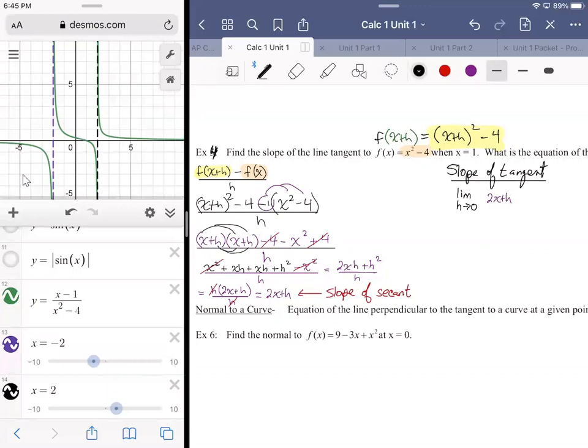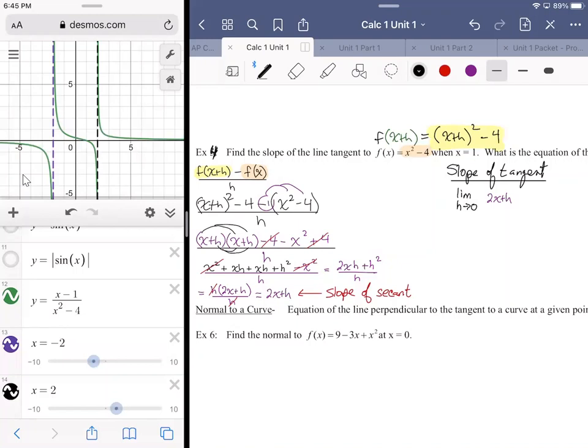The idea again being that what we came up with, the 2x plus h, is an expression that represents the slope between any 2 distinct points on a curve.